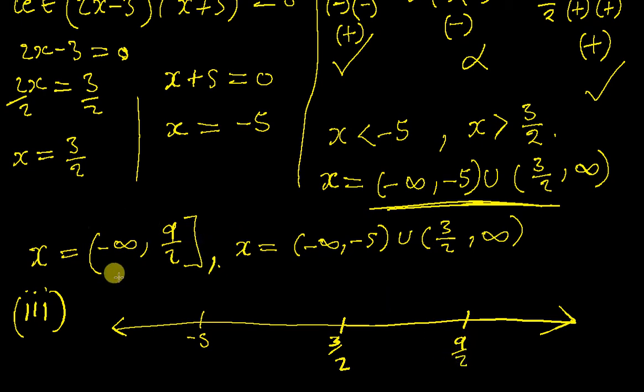This first solution set is ranging from negative infinity to 9/2. It's closed at 9/2, and it goes toward the negative infinity side.